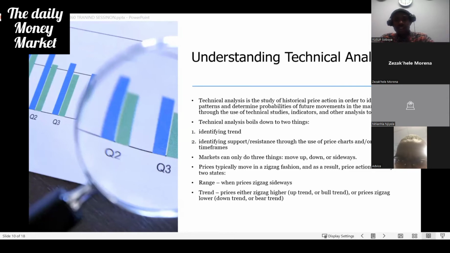So technical analysis boils down to two things: identify the trend, and identify support and resistance through the use of the price chart and or the time frame. So if you understand these two things, you're done with technical analysis. If you understand the trend, where the market is going, and understand and identify the support and resistance levels, you're done. You can be a day trader and trade technical analysis without a challenge.